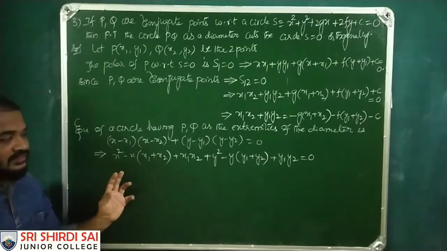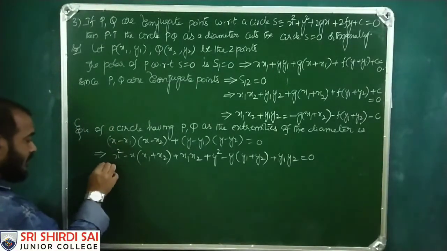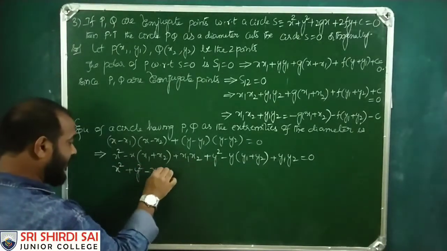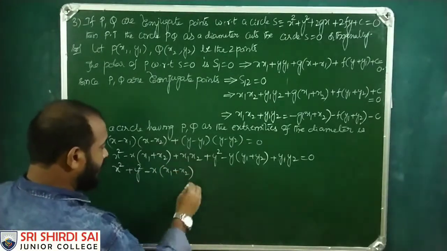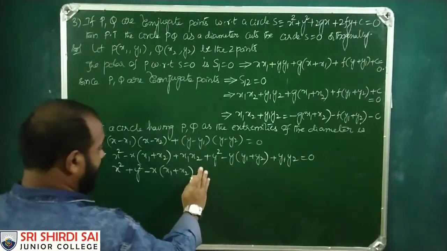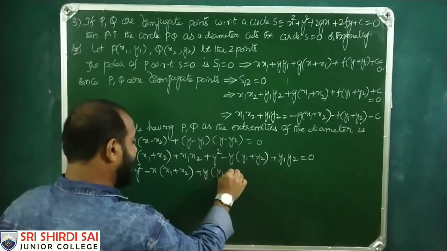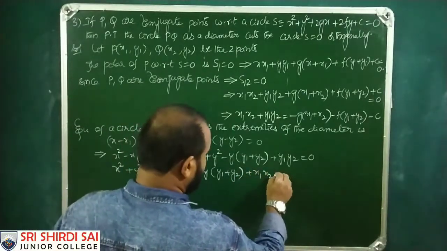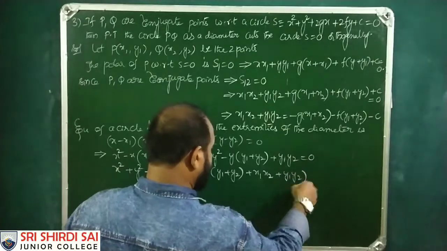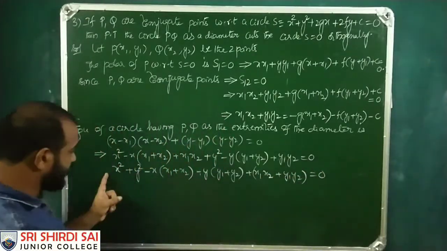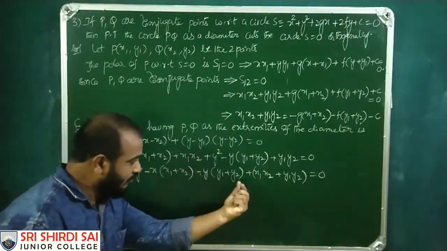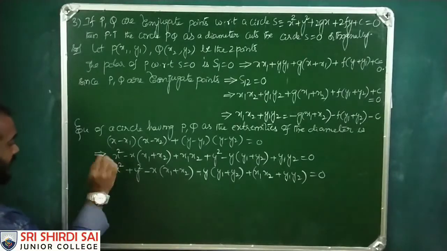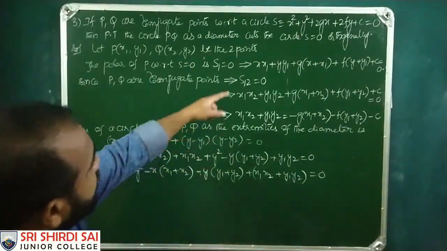If I write this in a standard form, then it is x square plus y square minus x into (x1 plus x2) minus y into (y1 plus y2) plus x1 x2 plus y1 y2 equals to 0. This is the form x square plus y square plus 2gx plus 2fy plus c equals to 0. Let us suppose this to be S dash. So the equation of the given circle is S.